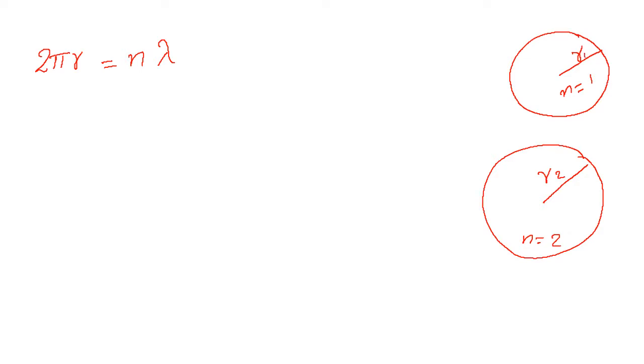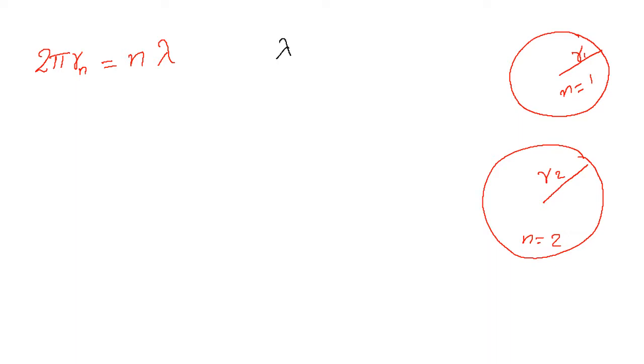So let us consider nth orbit. So we'll add a subscript Rn. Be very careful. This is actually a subscript. You should not cancel this n with this n. So you must be very careful. And we already derived an expression for the de Broglie wavelength, that is lambda.